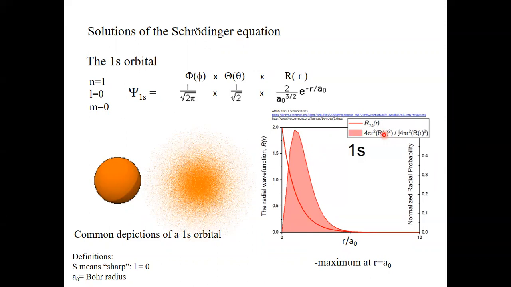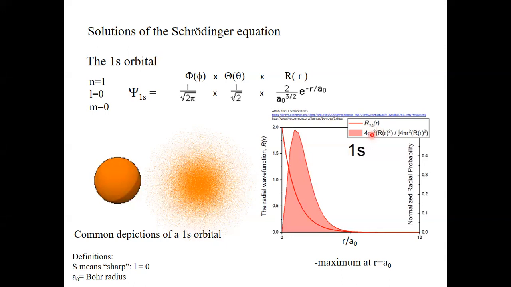Okay? So now, interestingly, because we have r squared in front of the square of the wave function, which is an exponential function, and we have multiplied these two functions, the radial probability function now does not just exponentially decline as we go further and further away from the nucleus, okay?